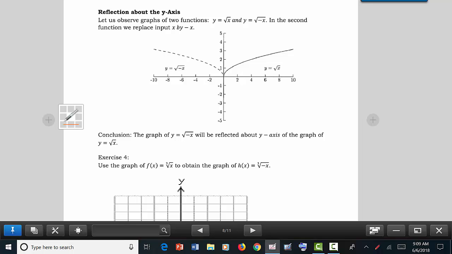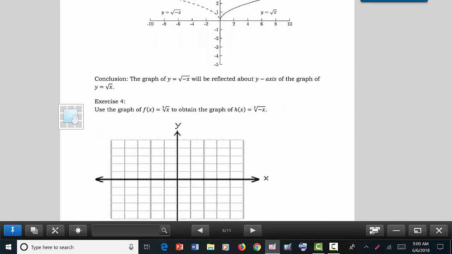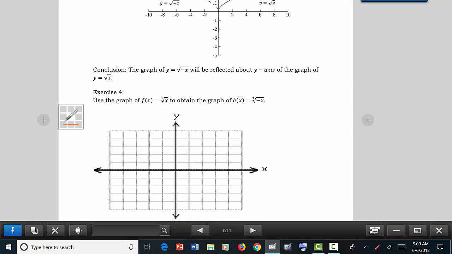Exercise number 4. The cube root function. So cube root of 0 is 0. Let me use a different color. Cube root of 1 is 1. Cube root of 8 is 2.